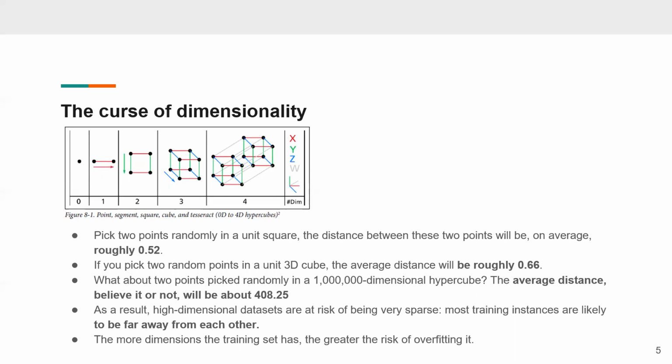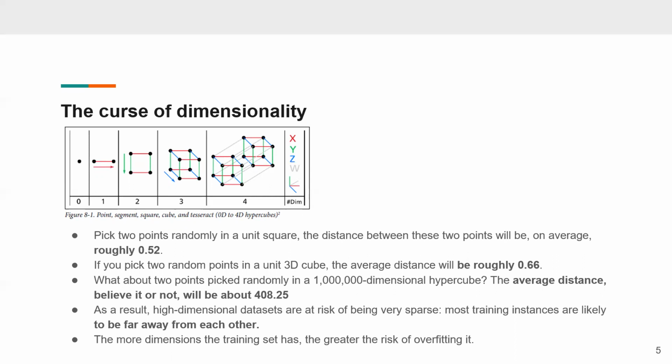What does this show us? It tells us that in a higher dimensional space, when you pick 2 points, they are far away, much further away than in a lower dimensional space. Why would that happen?